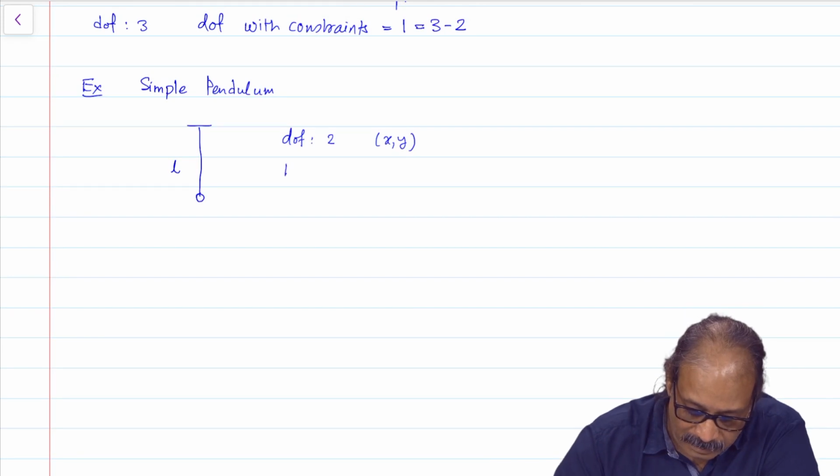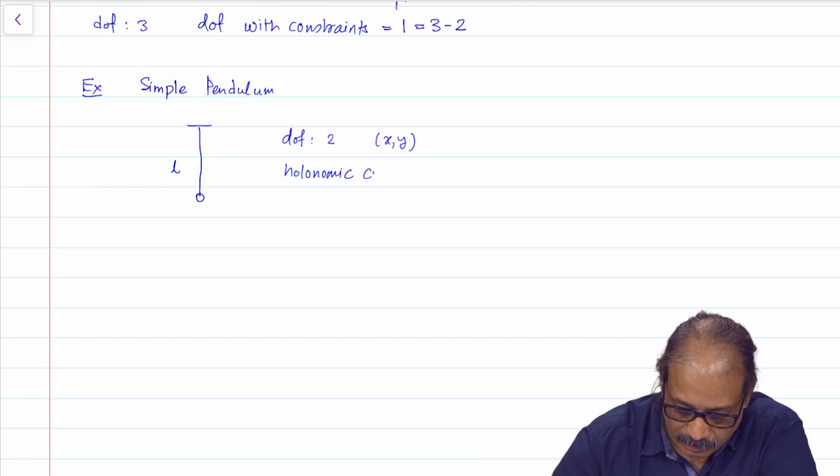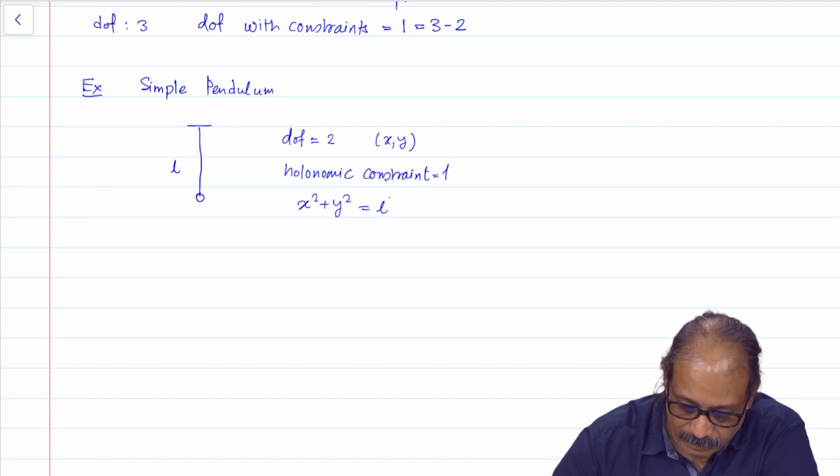Number of holonomic constraints is 1, and that is given by x square plus y square is equal to L square.